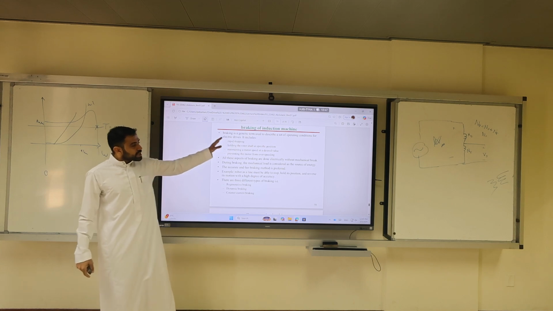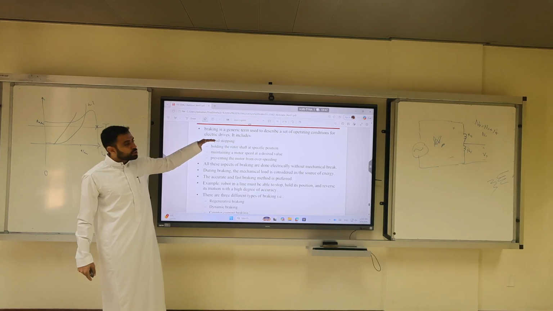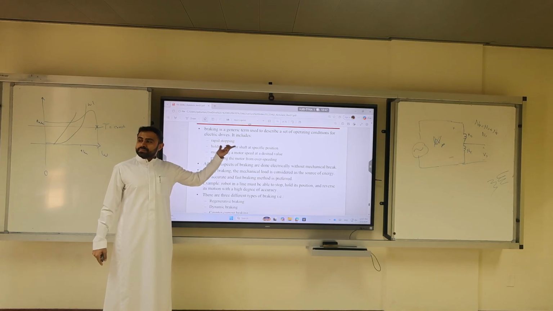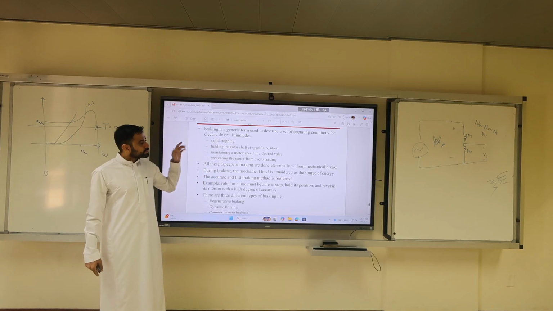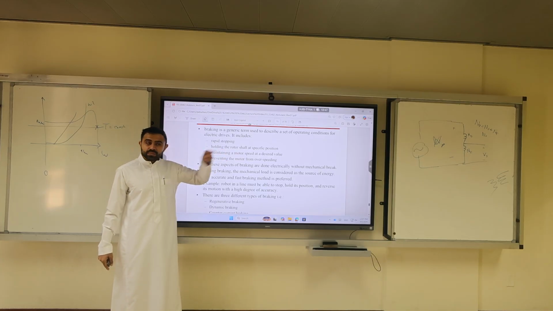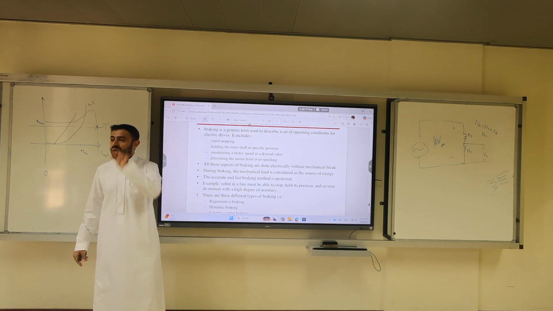So there are instances when you operate your induction machine. The first one is rapid stopping. Rapid stopping is a form of braking. Another thing is holding the rotor shaft at a specific position, which is also braking. Think about the crane.